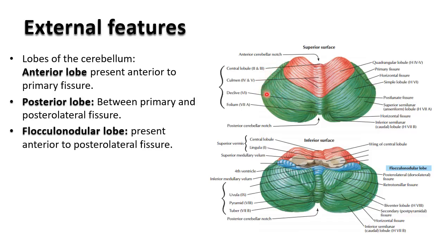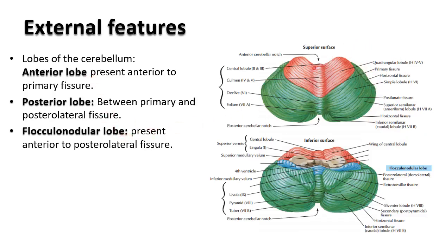If you spread it, it will look like two lateral masses, somewhat like a butterfly shape, because the structures are continuous from above downwards. That is the flocculonodular lobe.